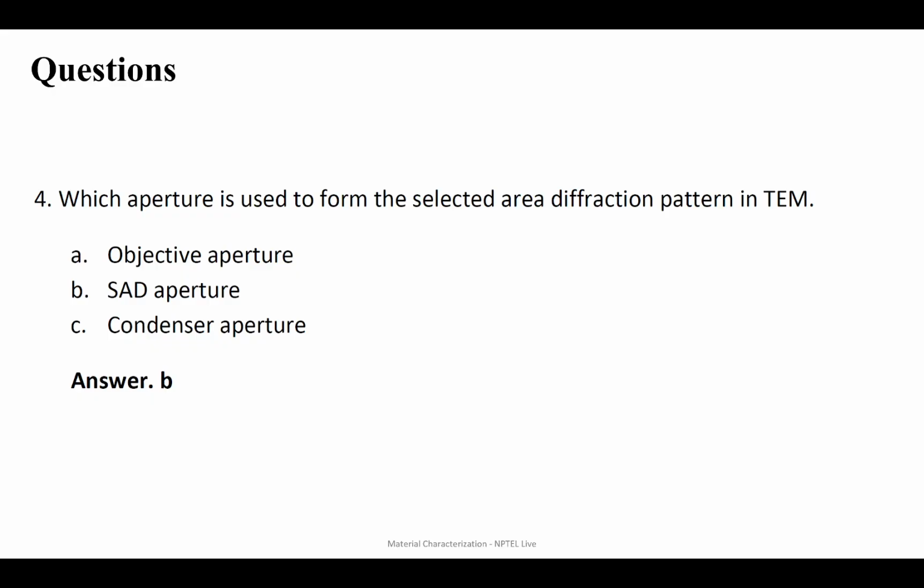So the answer to this would be SAD aperture. The condenser aperture is used to shape the beam by changing the spot size. Objective aperture is used for imaging, and for SAD, selected area diffraction, we use SAD aperture.